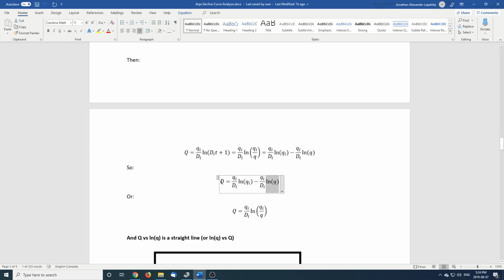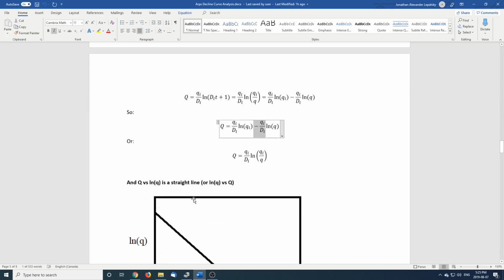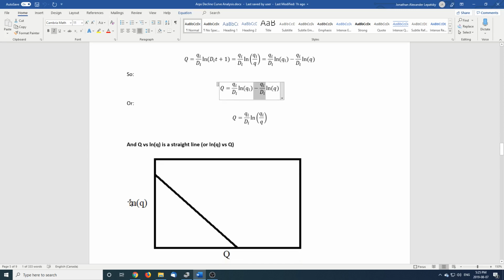Cumulative flow versus the logarithm of the flow rate, well, it would be a straight line where this is y and this is x, or you could plot this as y, subtract this from both sides and divide this from both sides, and then this would be your y and this would be your x, and that's what I've plotted here, and it'd still be a straight line, right?